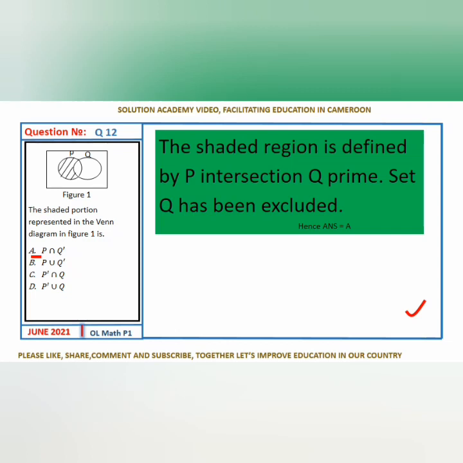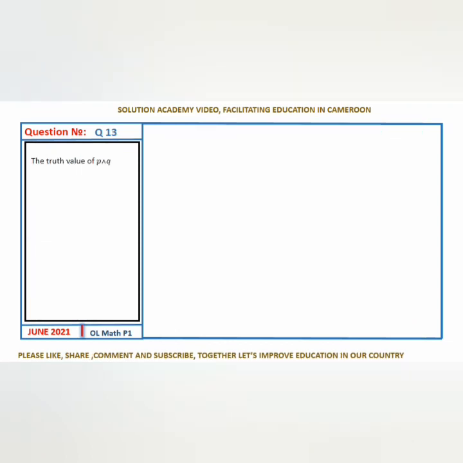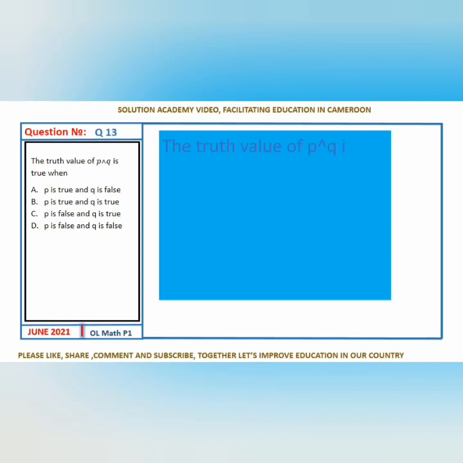A. Question number 13. The truth value of P and Q is true when? This question is under logic. So we have to know that the truth value of the statement P and Q is always true if and only if both statements P and Q are true.